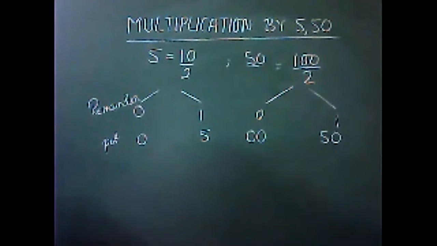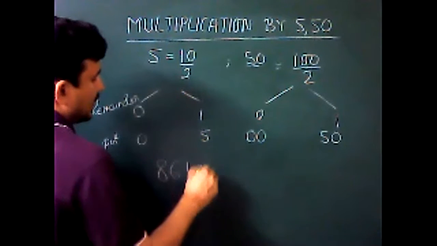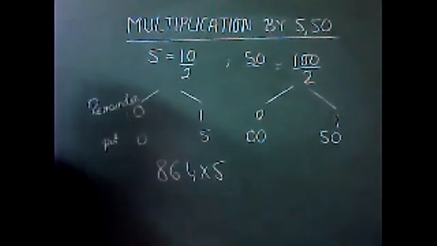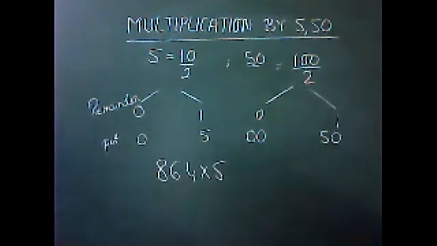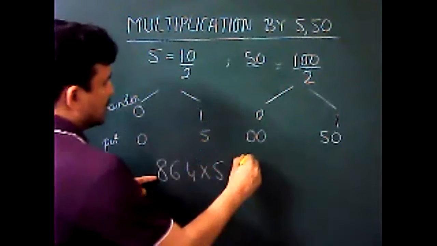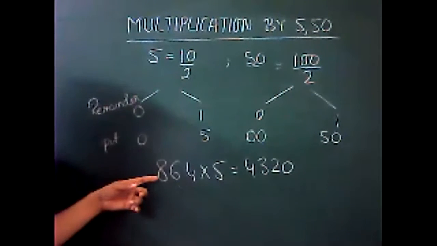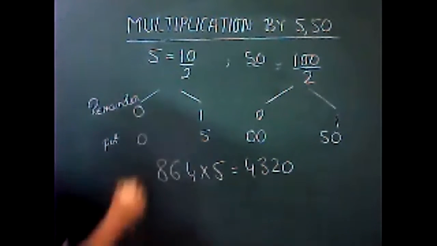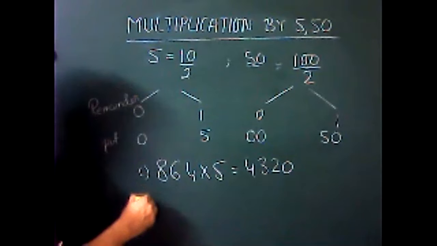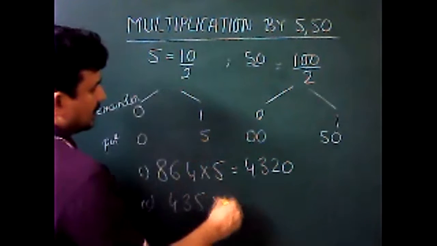Remember? So if the number is 864 and I have to multiply it by 5, what I will do is divide this number by 2. This becomes 432 and then put a 0 at the end. My second example, I will consider an odd number with odd digits.